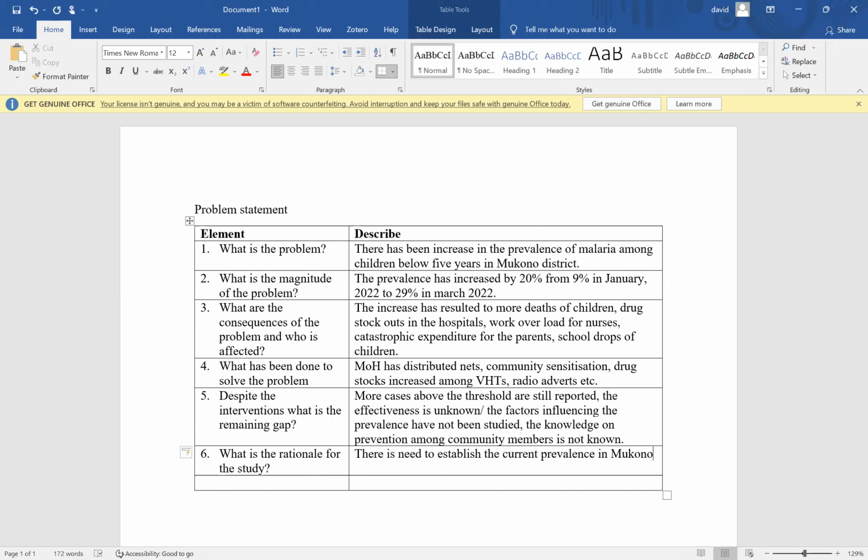Current prevalence in Kono, and to assess the drivers of the prevalence. Assess the factors contributing to the prevalence, so as to inform the current interventions.